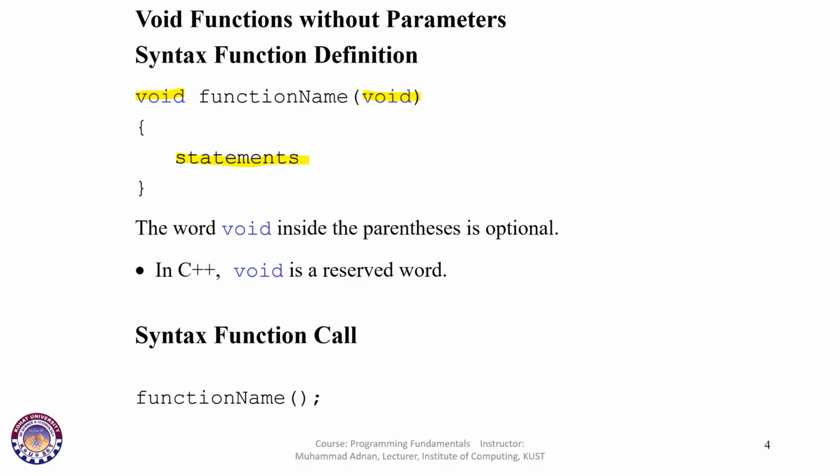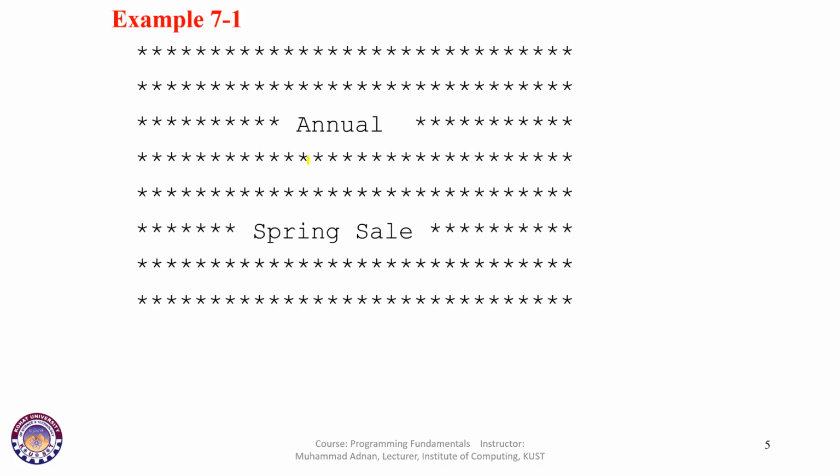In C++, void is a reserved word, so you cannot use it as a user defined word, or use it for giving a name to a variable. So the syntax for a void function call is you just write the name of the void function.